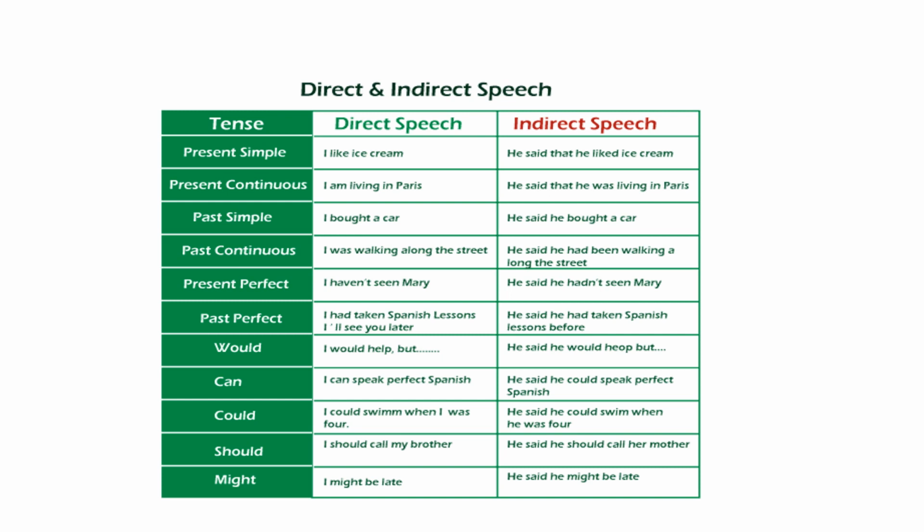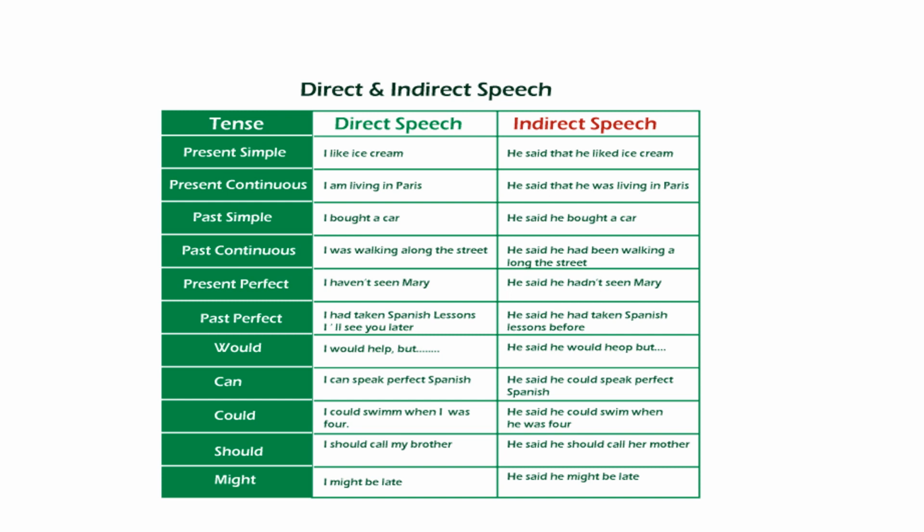Would: "I would help," but he said that he would help. "I can speak perfect Spanish." He said that he could speak perfect Spanish. For could over here, you can see, "I could swim when I was 4." In changing into indirect, you are mentioning he said that he could swim when he was 4.